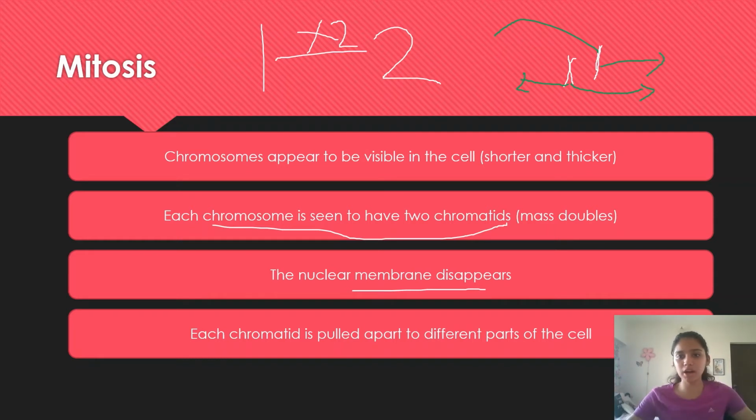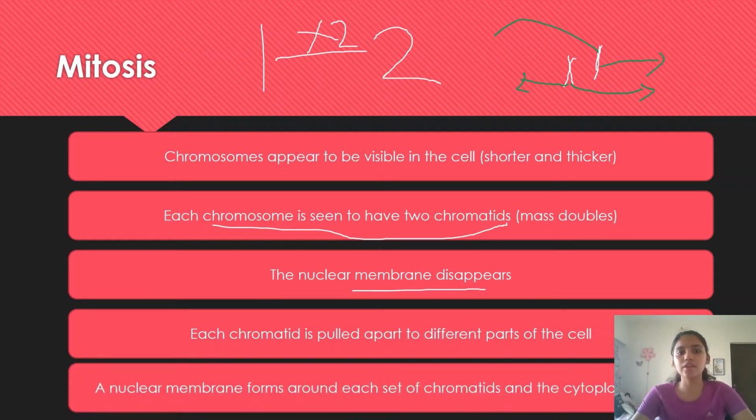They're pulled apart to different parts of the cell, and then a nuclear membrane forms around each one. A nuclear membrane forms around this, a nuclear membrane forms around this. And the cytoplasm of the original cell divides, and you have 2 separate cells. One cell here, one cell here. This is your nucleus and this is your nucleus. So you had 2 chromosomes initially, 2 chromosomes finally.